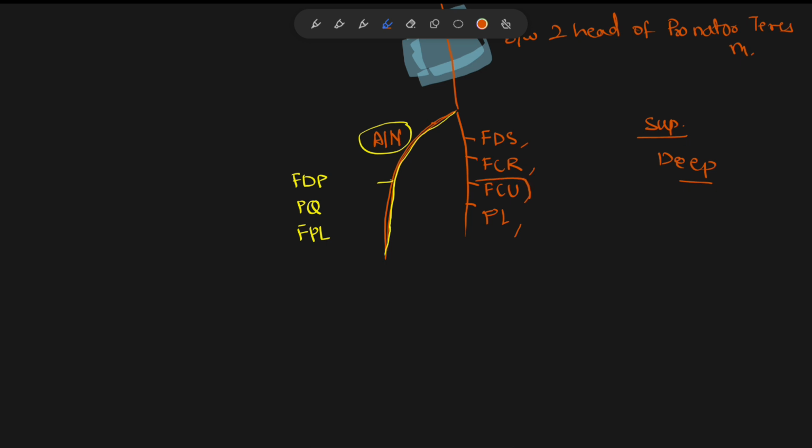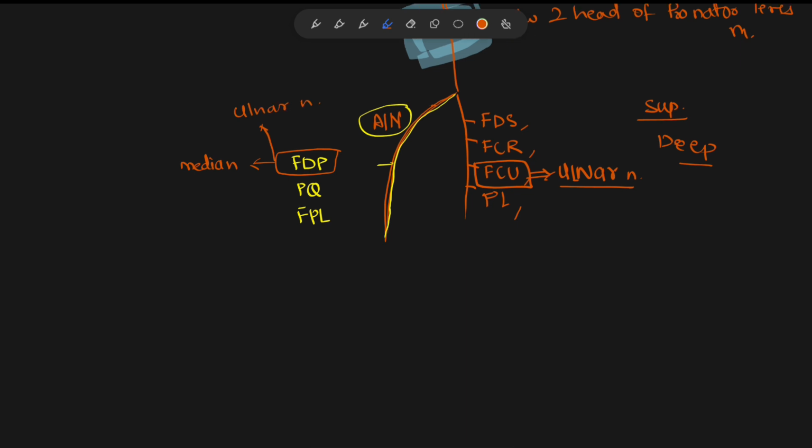But flexor carpi ulnaris is innervated by the ulnar nerve. And I said flexor digitorum profundus is innervated by two nerves, the ulnar nerve and the median nerve. Median nerve will give only the lateral half. The ulnar nerve supplies which part? The medial half.